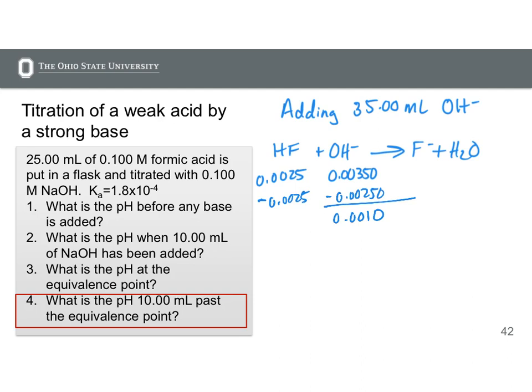We do create F minus, but it's not going to play a large enough role in the pH that we're going to even worry about it, okay? F minus is produced, but we can ignore it.